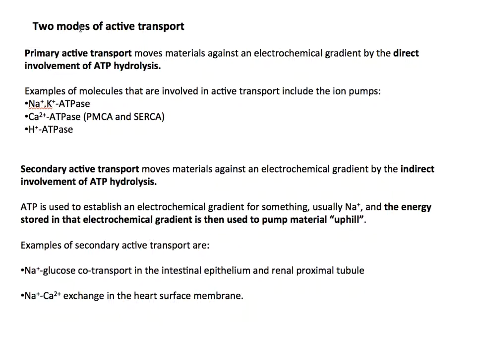Sodium potassium ATPase, you've probably seen this before. Calcium ATPase, you've got the PMCA and SERCA, plasma membrane calcium ATPase and sarcoplasmic endoplasmic reticulum calcium ATPase. So these move your calciums. And then you've got your hydrogen ATPase.